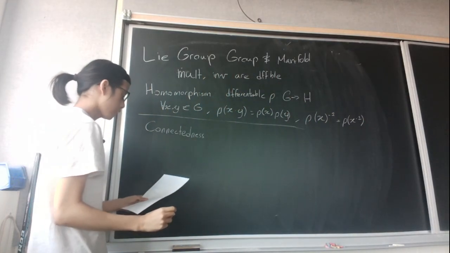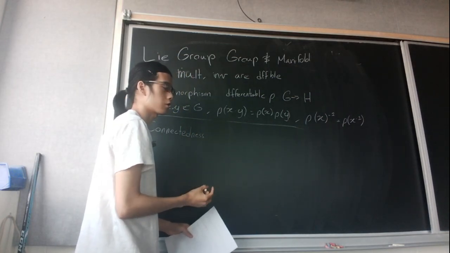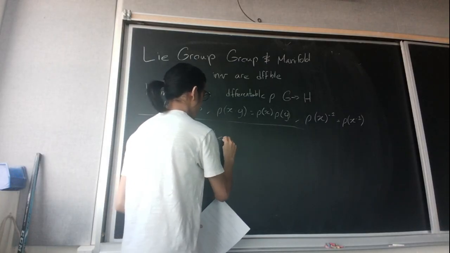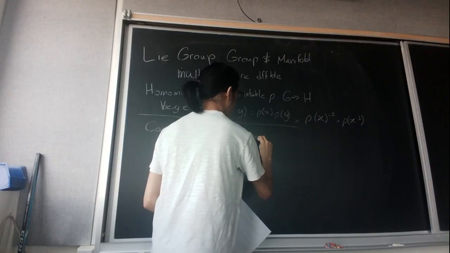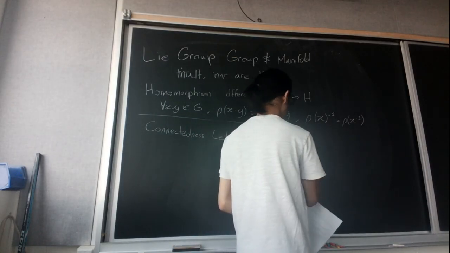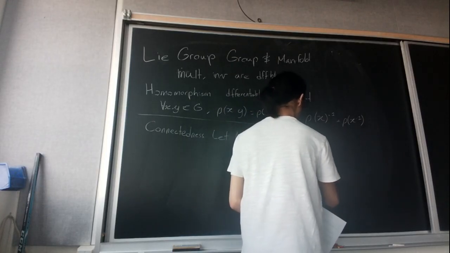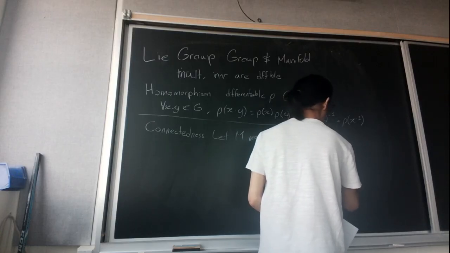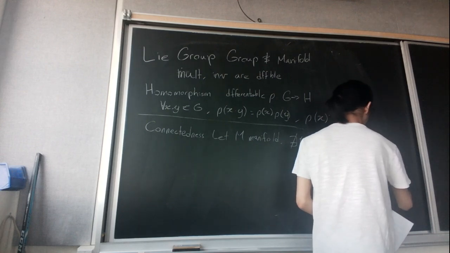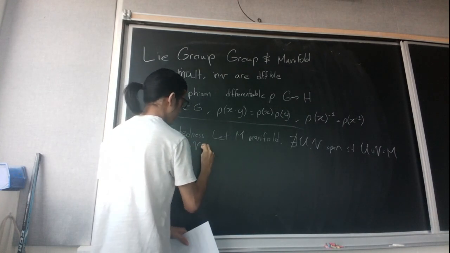Okay. Connectedness. So now we forget about Lie groups for a second. This is just the more general sense. I'm still going to say manifold, but sets are also fine. So let M be a manifold. We say M is connected if there do not exist two subsets of M that are open, such that their union is equal to M and their intersection is empty.